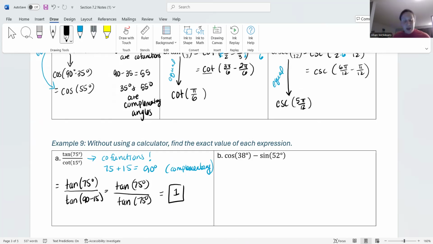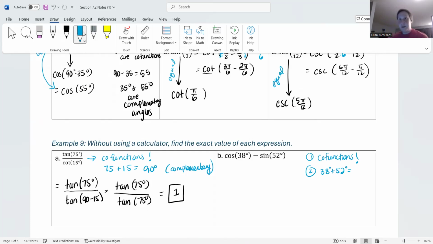Okay, last up we have cosine of 38 degrees and sine of 52 degrees, and we want to subtract the two, okay? Well, what we notice first is that we have cofunctions, and then two, let's think about 38 and 52. So what is 38 plus 52?